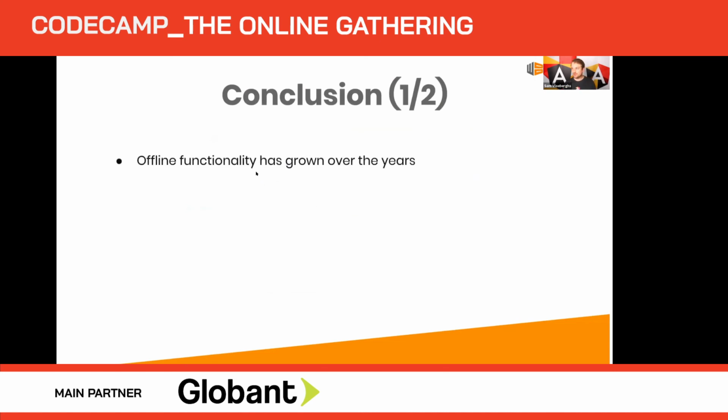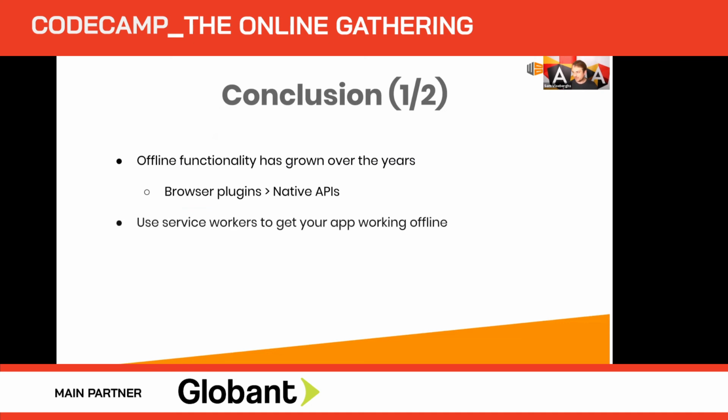So to conclude, offline functionality has grown over the years, and we went from browser plugins to native APIs. Before we needed extra libraries, but now we can use APIs from the browser. That means that we can use service workers to get our application working offline.